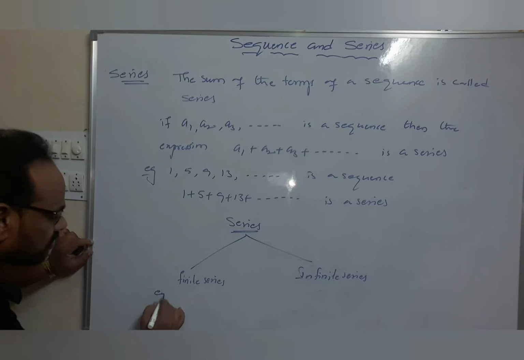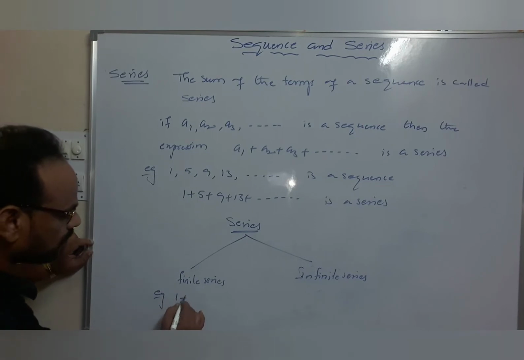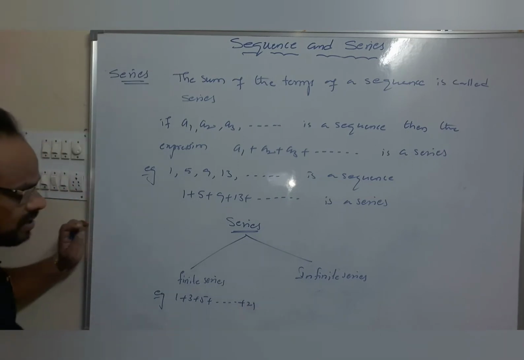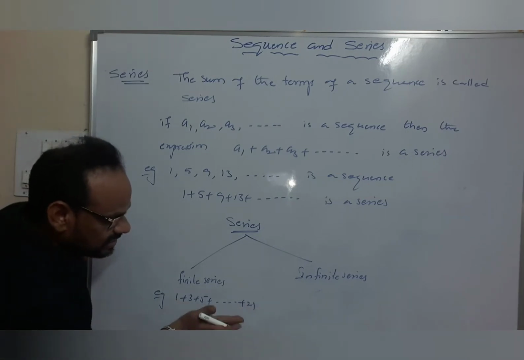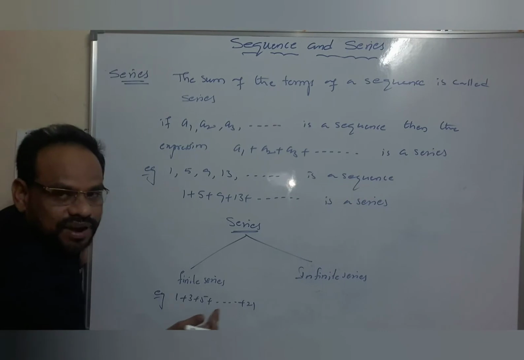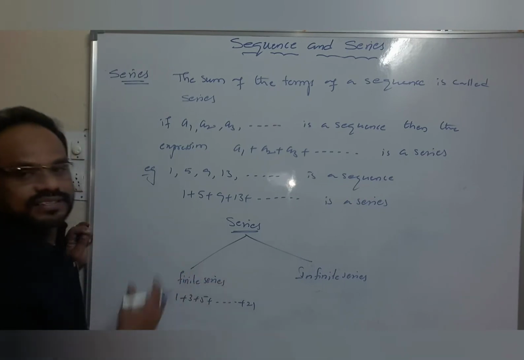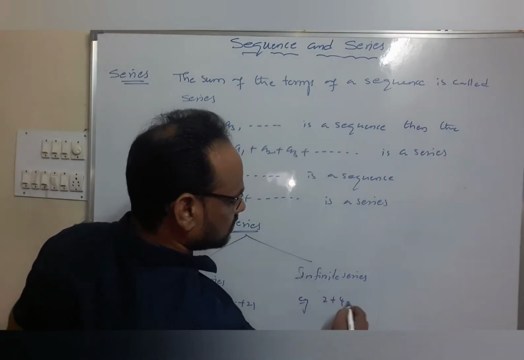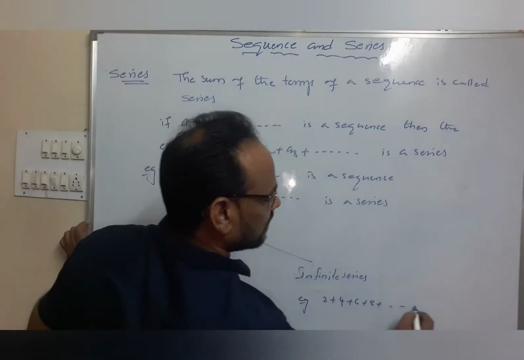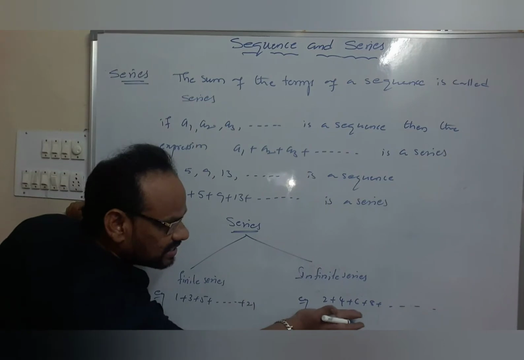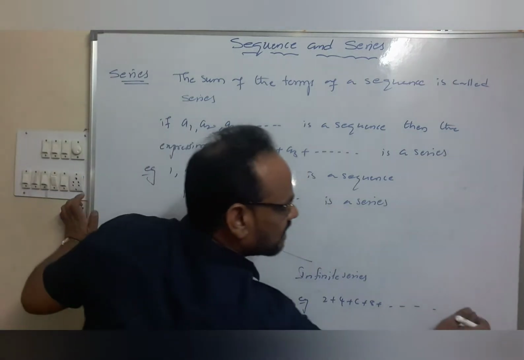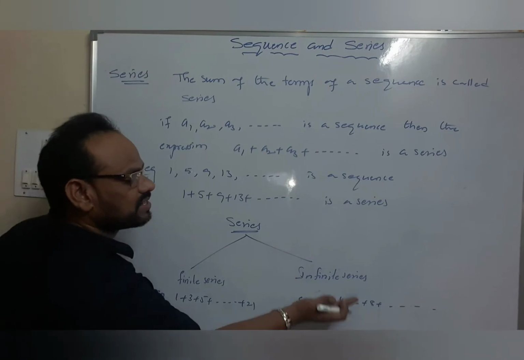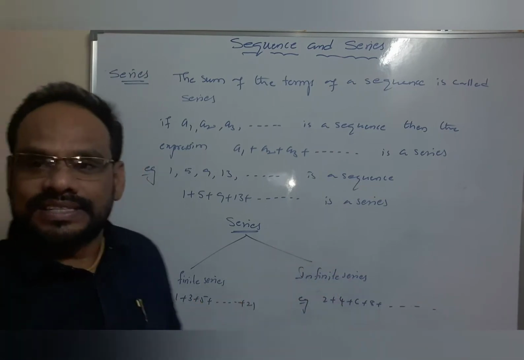For example, observe here 1 plus 3 plus 5 plus and so on plus 21. This series has a finite number of terms, so this is called finite series. Example here, infinite series means 2 plus 4 plus 6 plus 8 plus and so on. This series has an infinite number of terms, so this is called infinite series.